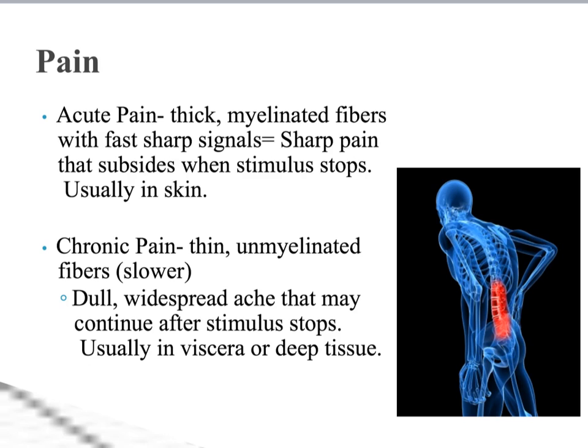Chronic pain is slower impulses. They come on thin, unmyelinated fibers, and it's usually a duller ache. And unfortunately, with chronic pain, sometimes the pain may continue even after the tissue damage has healed itself. So scientists have been figuring out that there's these loops that are set up in our brain, little circular loops of neurons that just keep constantly firing and causing each other to fire.